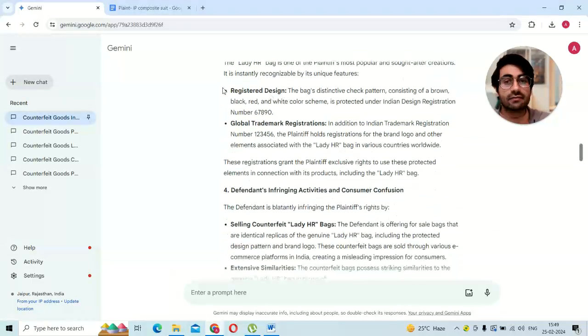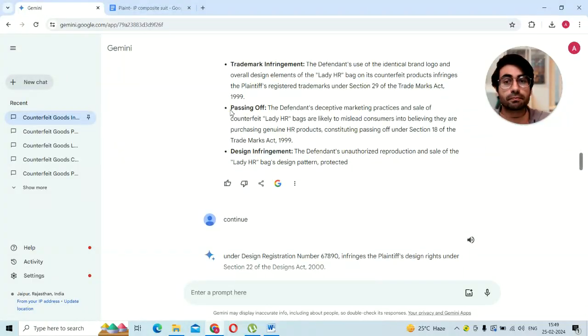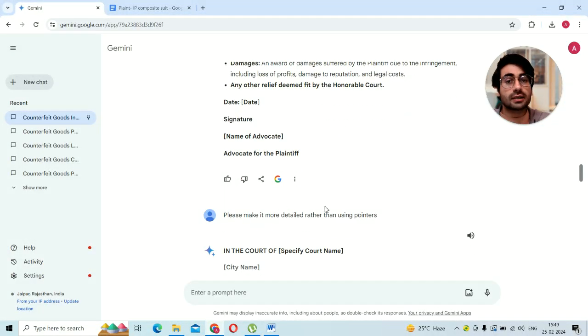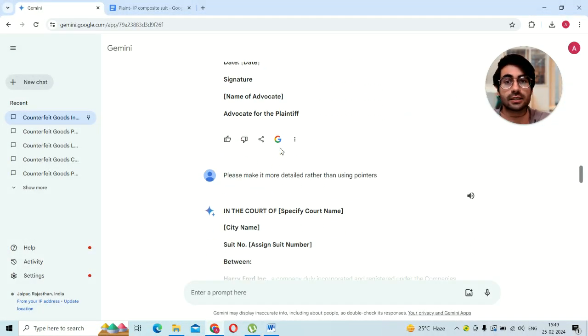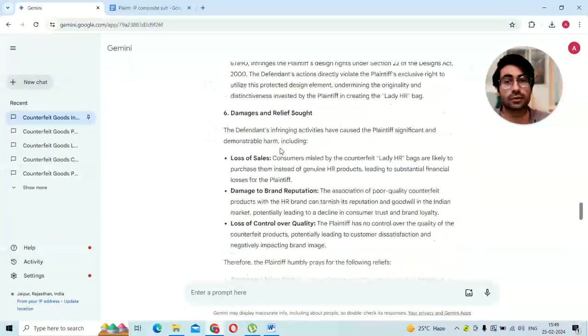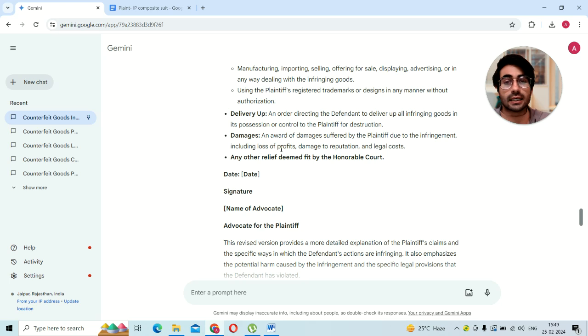additional prompts that I gave, this is what I got, but I just wanted it to be a little more detailed, right? So I received a more detailed version. Of course, after having received a more detailed version, I would still have to make certain changes to the final plaint.